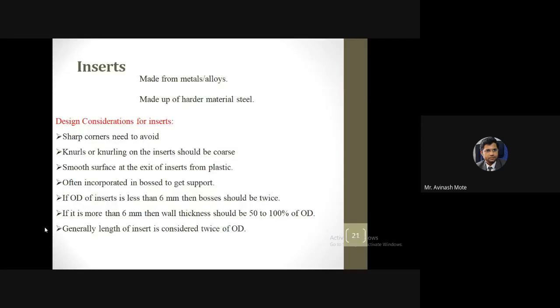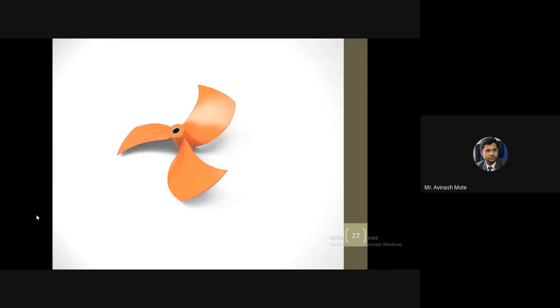Then we have gone through inserts also. A very simple example: inserts are nothing but metallic materials which are inserted in the component. Two things are possible: you can insert them during molding or after molding. It is preferred to insert during molding because it will have a proper assembly.